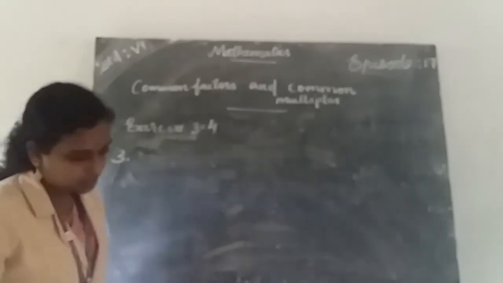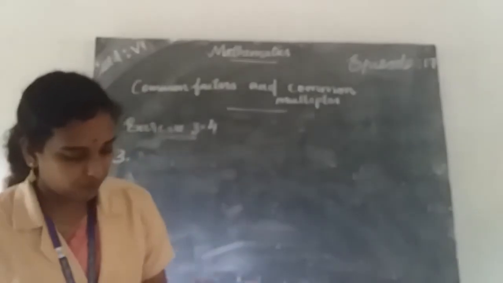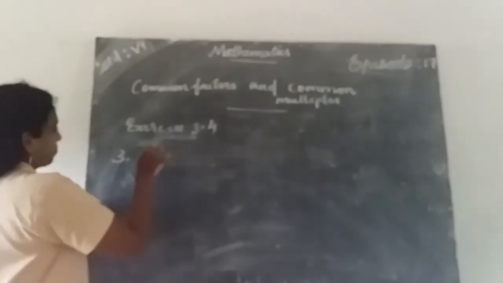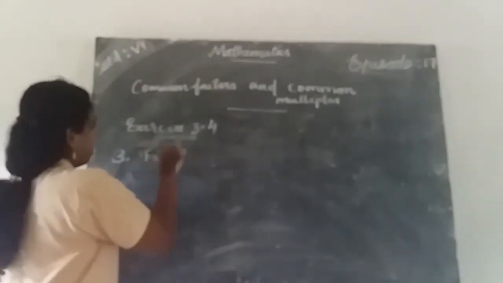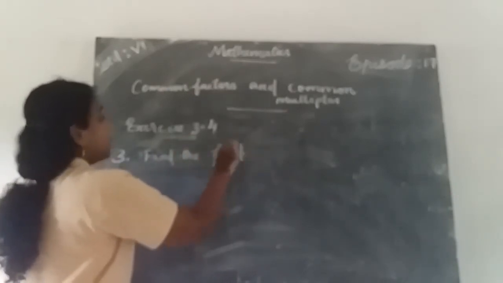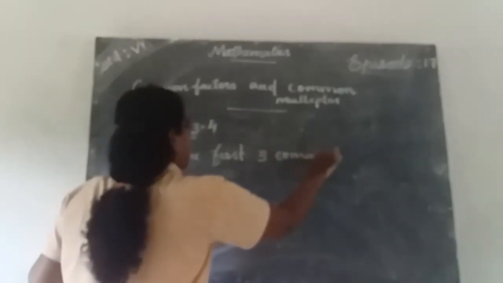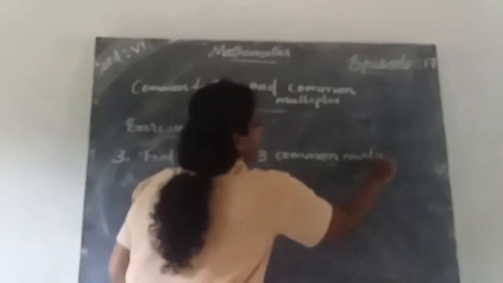Here the question is, find the first 3 common multiples of the following numbers. Okay, find the first 3 common multiples. Okay.